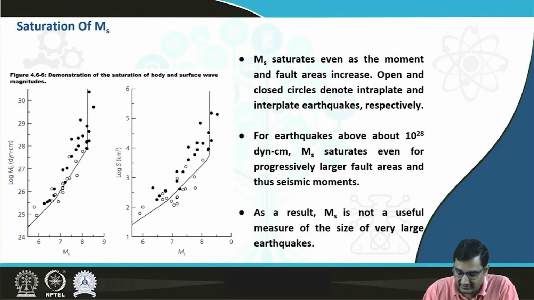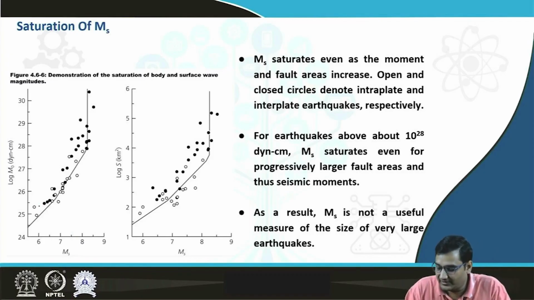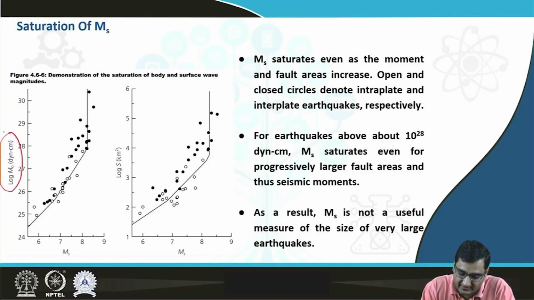You can see here from the observations, the solid filled circles denote the earthquakes happening on the interplate boundaries, and the hollow circles represent the earthquakes happening on the intraplate boundaries. On the y-axis the movement is given, on the x-axis the surface wave magnitudes are given, and as the movement increases up to around 10 to the power 28, after which it gets saturated.